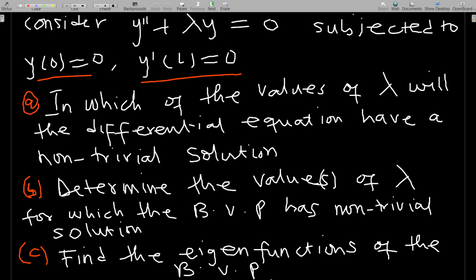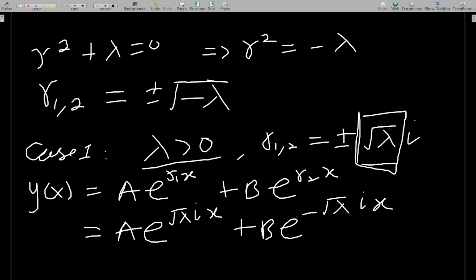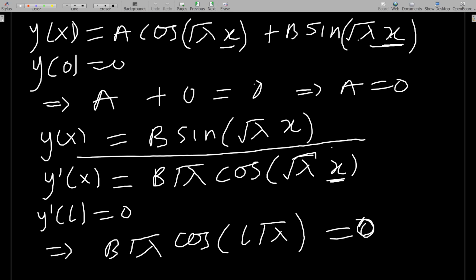The first one is, for which values of lambda would the differential equation have a non-trivial solution? From what we did, the part that gave us the non-trivial solution is only case 1, where lambda is greater than 0.